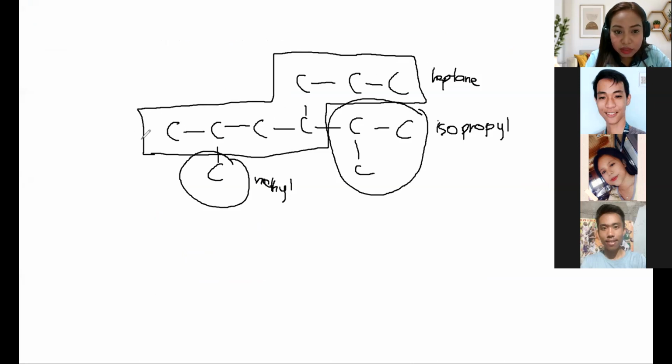Which of these two ends is nearest to an attachment? Let's start here: 1, 2, attachment. Here: 1, 2, 3, 4, still no attachment. So which is the nearer end? This one. So this is our first carbon. Second carbon. Third carbon. Fourth carbon. Fifth carbon. Sixth carbon. And the seventh carbon.